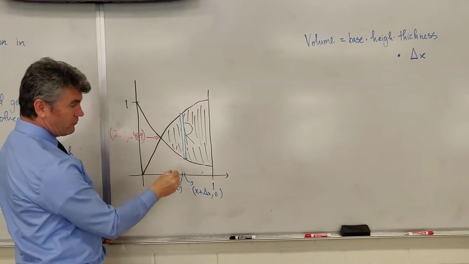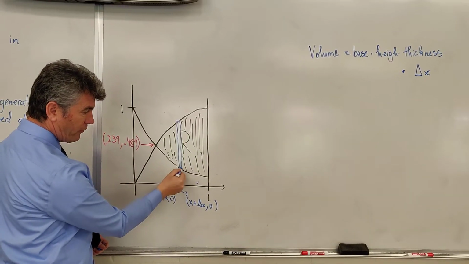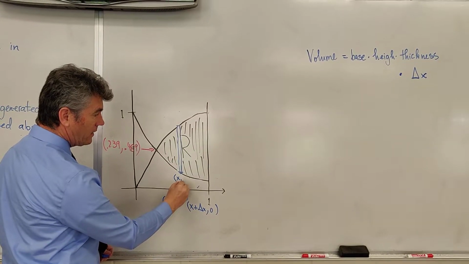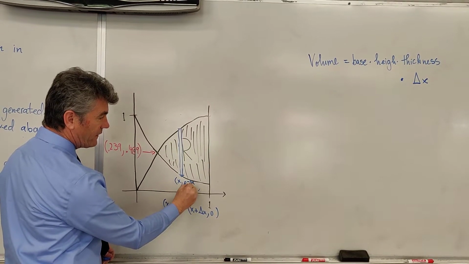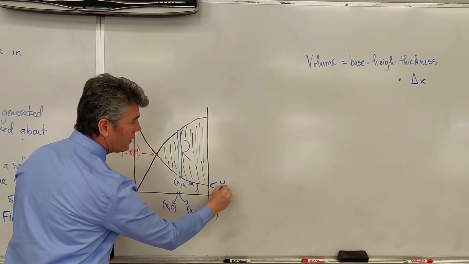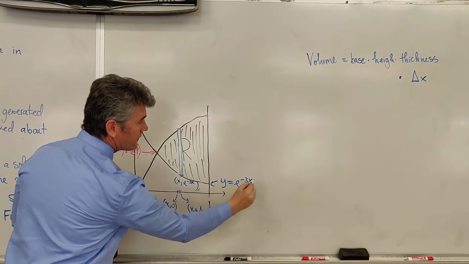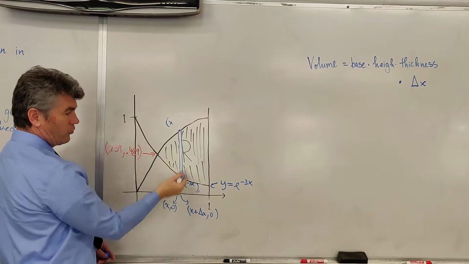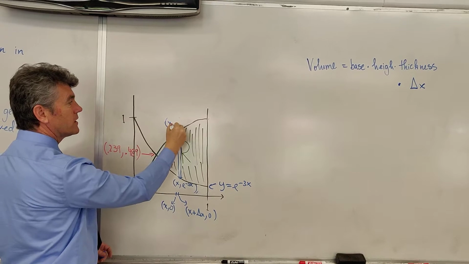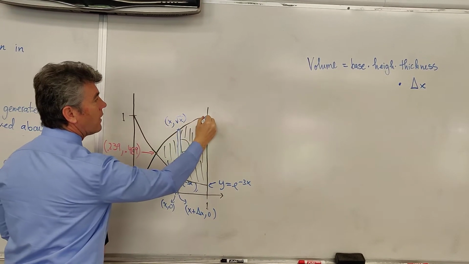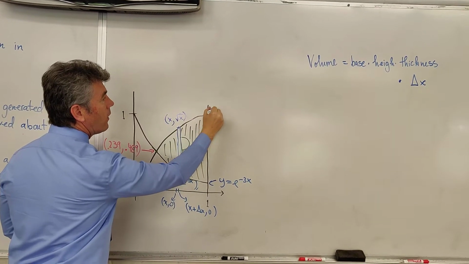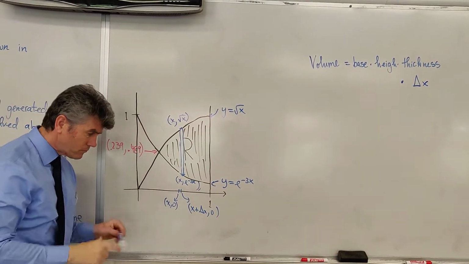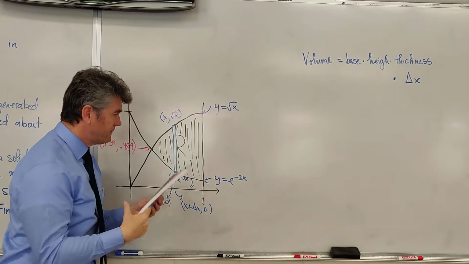Now, let's find the base. To find the base, you start from this point right here, which is x comma e raised to the power of negative 3x. This was the curve, y equals e to the negative 3x. And the top has coordinates, we're on a vertical line, same x coordinate, but this is the square root of x. So this is y equals square root of x. So what did I just find?